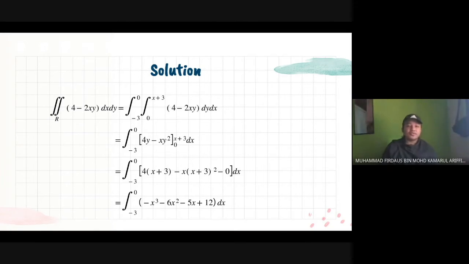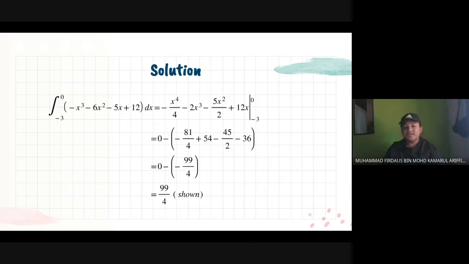In the bracket, first we simplify the equation. We got negative x cubed minus 6x squared minus 5x plus 12. At this point, we need to do the second integral, which is the integral from -3 to 0 of (negative x cubed minus 6x squared minus 5x plus 12) dx.